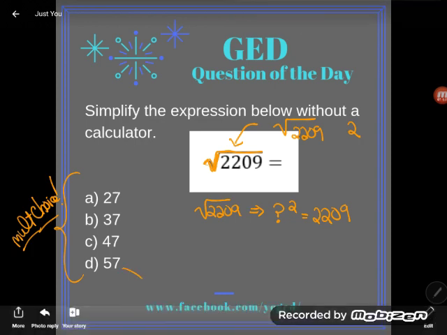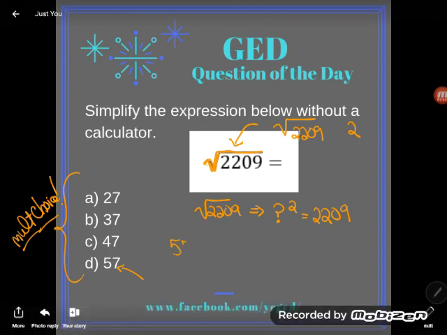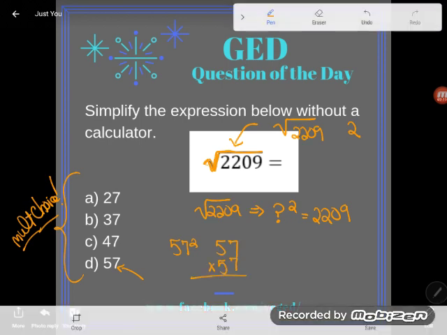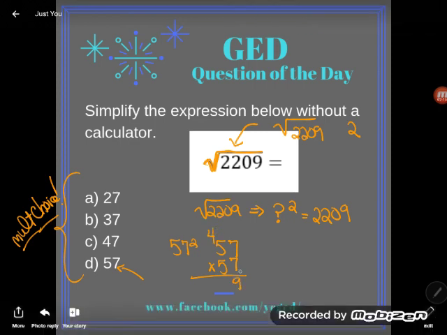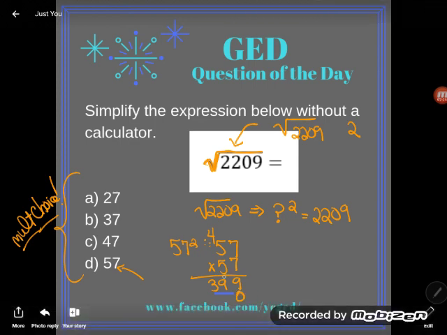I could say something like, well, I think it might be 57. Okay, I just guessed 57. Don't forget to check. Let's work it backwards. Let's square 57, multiplying it by itself to see if it really does get me to 2,209. Let's take a look. 9 times 9 is 49. Now I'm multiplying by the 5 tens, the 50, so I'm going to drop a 0 there.